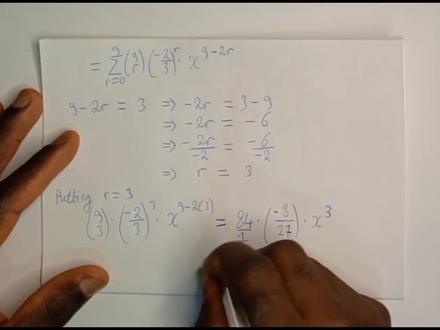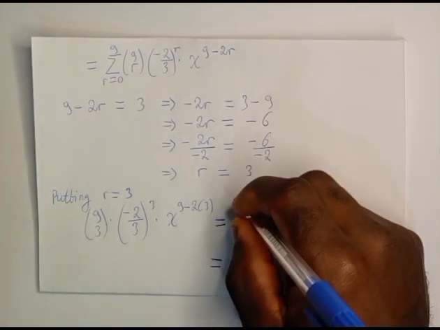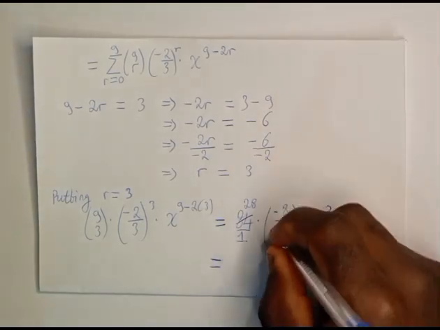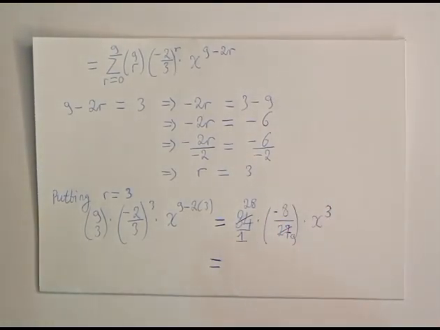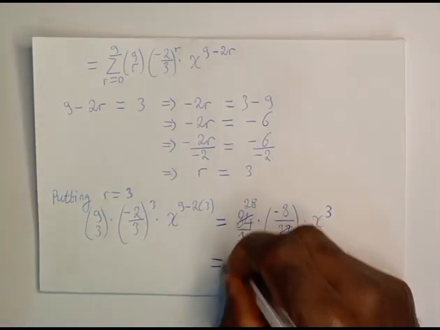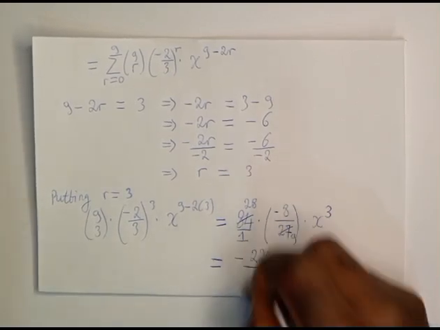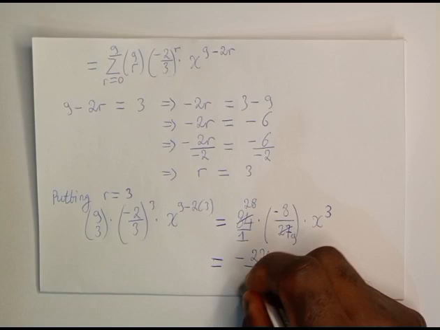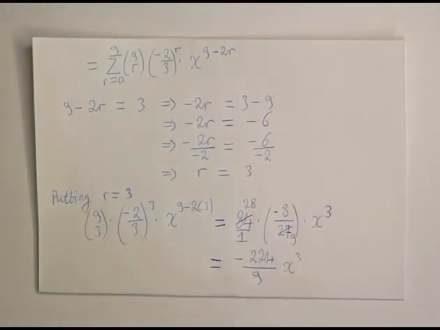This will simply be equal to, 3 will go into 84 28 times, 3 will go into 27 9 times. Then we can proceed to multiply. If we take 28 times negative 8, it gives us negative 224 all over 1 times 9, which gives 9, x cubed. We need the coefficient of the term in x cubed.